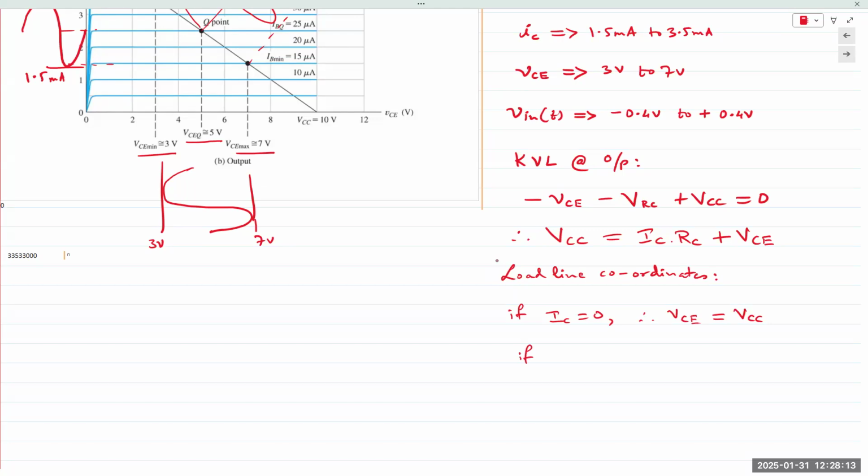Standard procedure for load line, right? We want to find the two ends of the load line that intersect the X and Y axis. So you plug in X axis value equal to 0 and then Y axis value equal to 0, we find the other value.